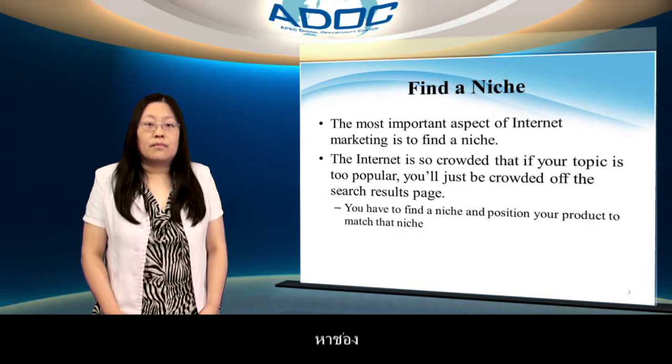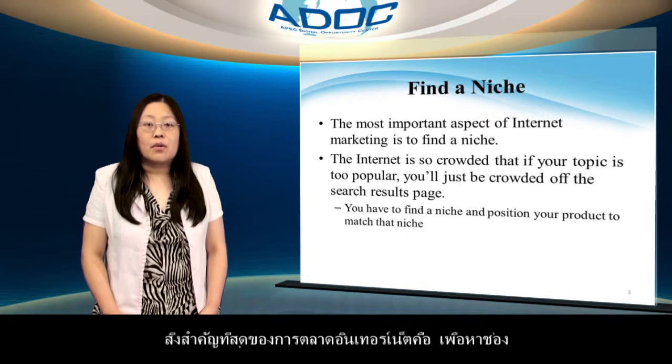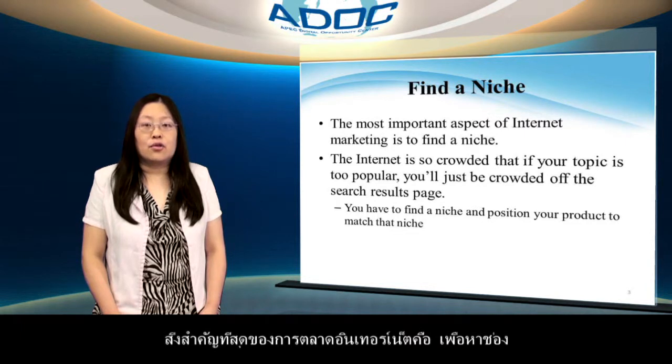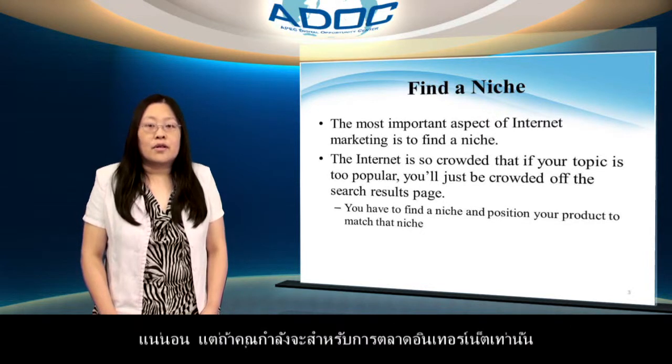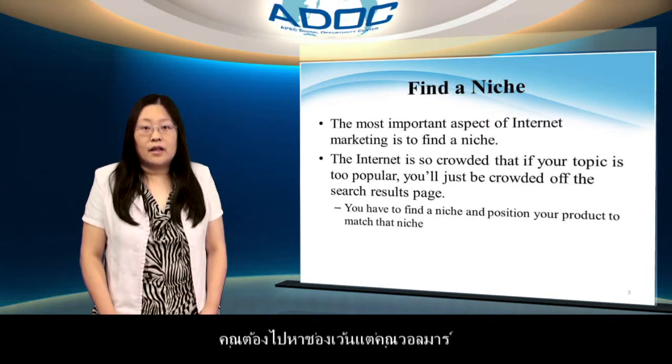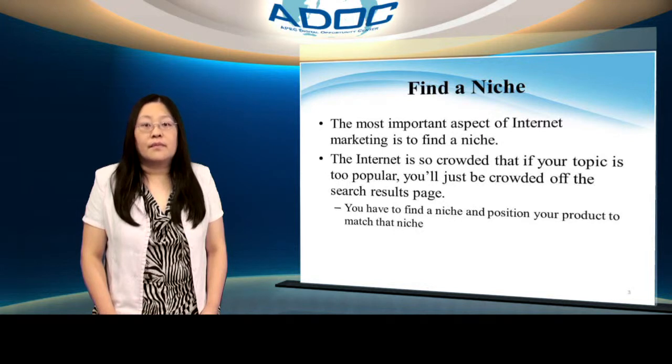Find a niche. The most important aspect of internet marketing is to find a niche. This doesn't apply if you've already got a physical business and just want to expand to the internet, of course, but if you are going for internet-only marketing, you have to find a niche, unless you are Walmart.